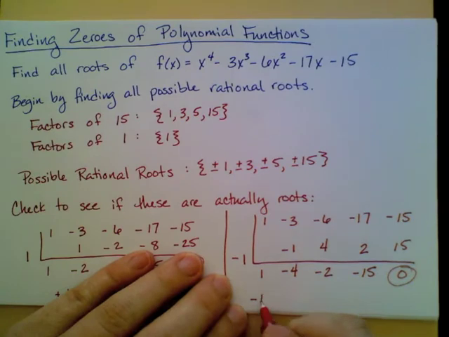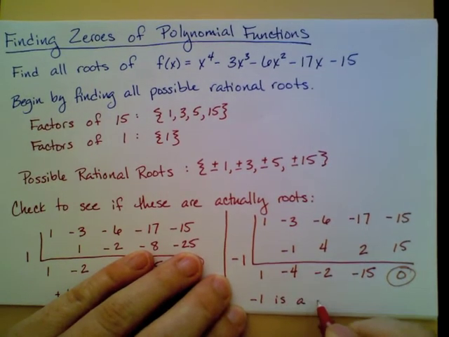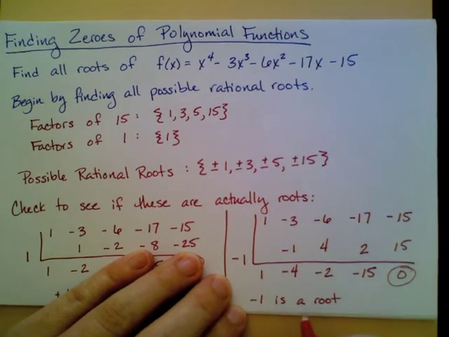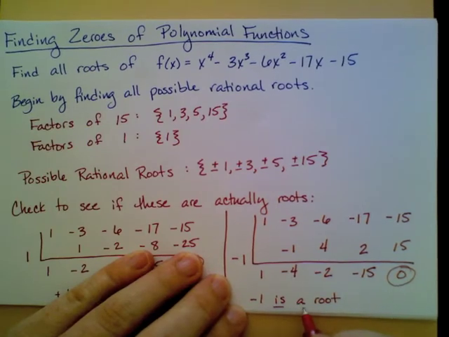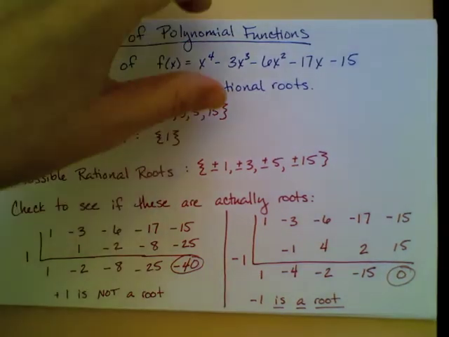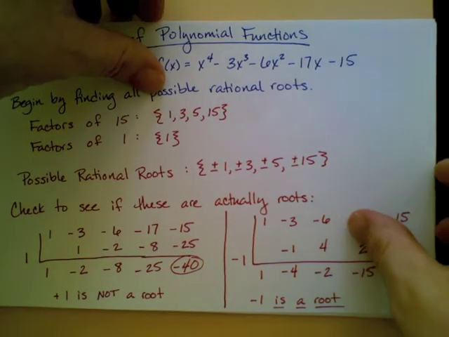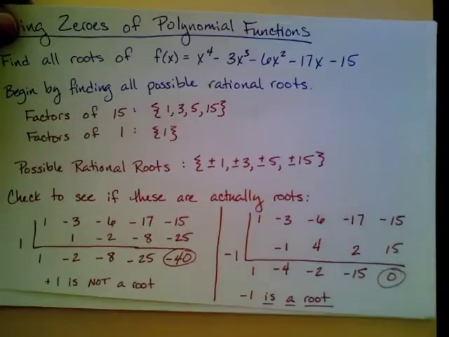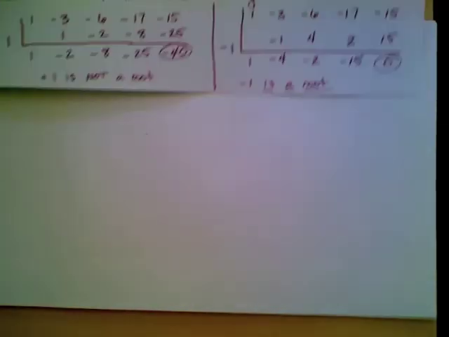Negative 1 is a root. I'll just underline everything. Negative 1 is a root. Hooray, we found a root. And remember, root is just another word for 0. So, I'm going to go to the next page.